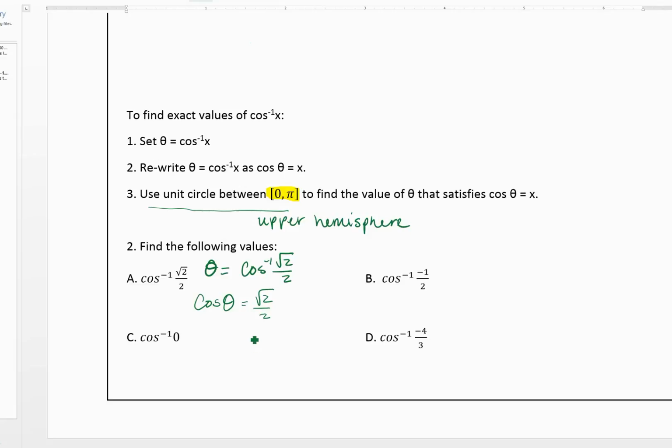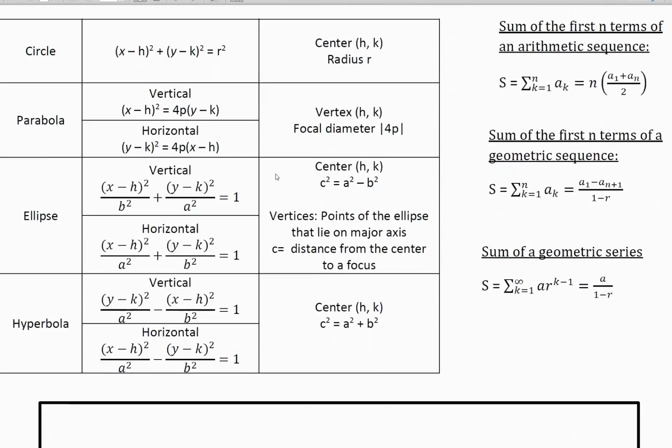So we're going to use the unit circle, and we're going to say on the upper half, what angle gives us that cosine of that is square root of 2 over 2. Now remember, cosine are the x values. So we're saying where is the x value square root of 2 over 2? So let's go to our unit circle.